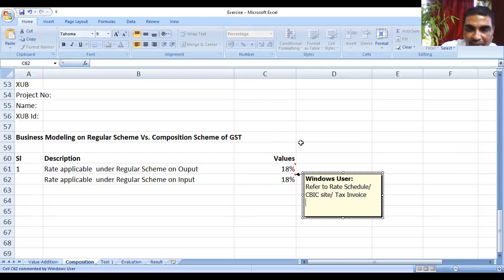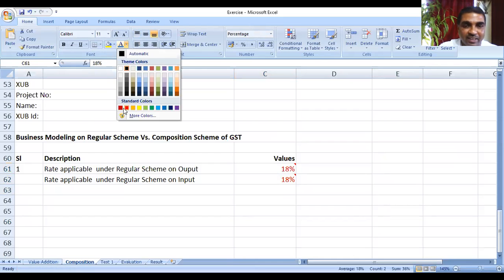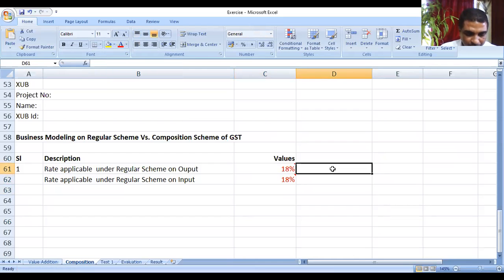Okay, tax invoices I had shown you earlier, so one can easily find what is the rate applicable, or output. So output rate, input rate, which may vary from time to time, we'll be filling it up. Since it will change, I'll write it in red color so that you can understand this has to be filled.